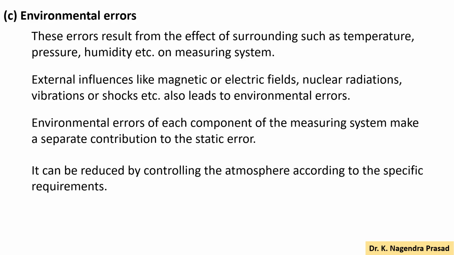The environmental errors of each component of the measuring system make a separate contribution to the static error, and they can be reduced by controlling the atmosphere according to the specific requirements.